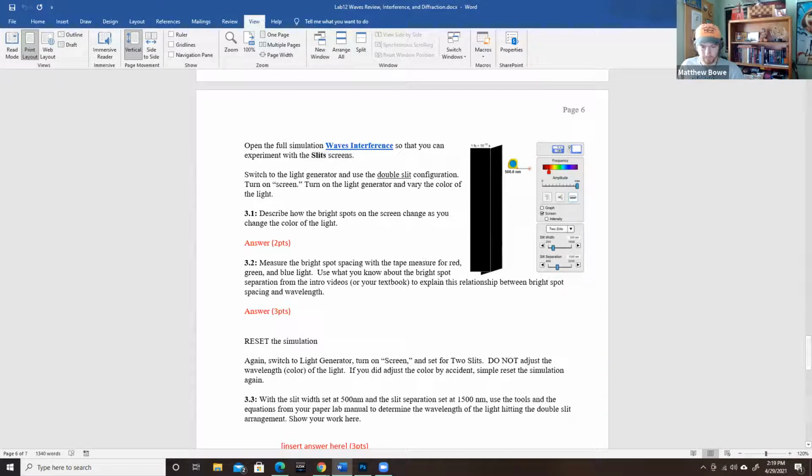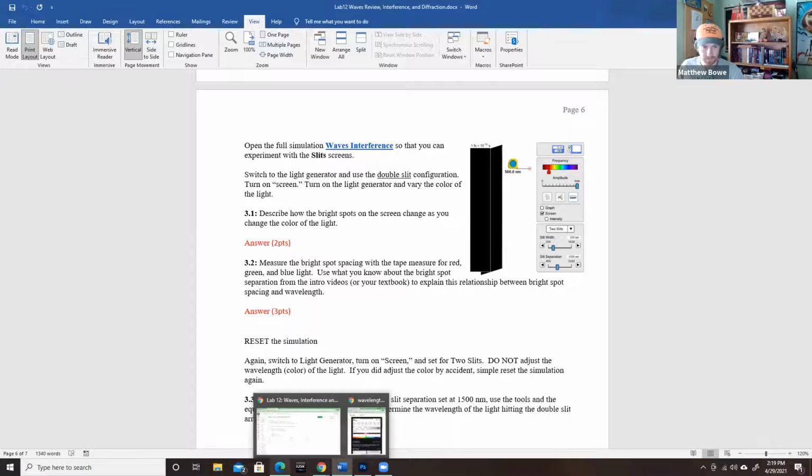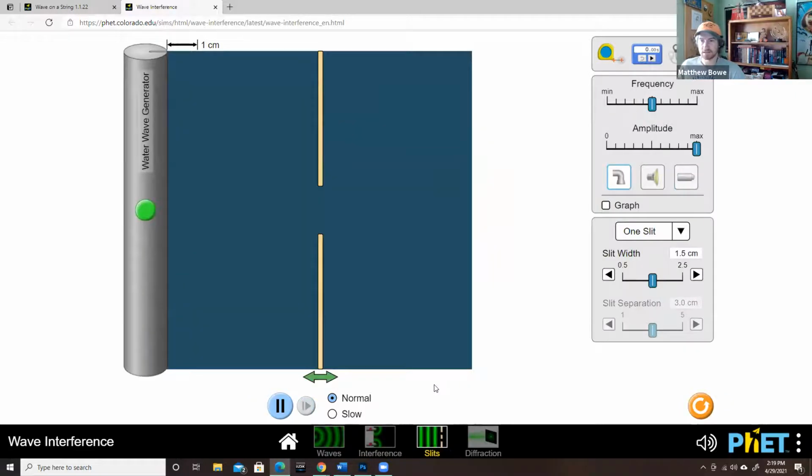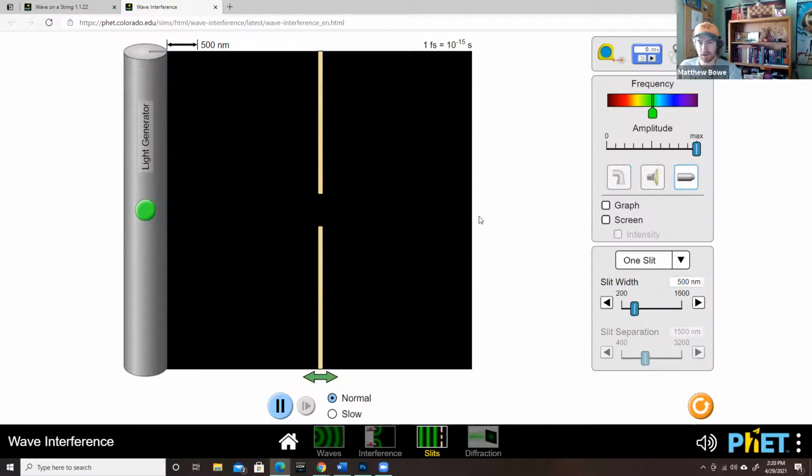So let's go there. Once we finish with this, down in the bottom, where it says slits, we're going to go straight into looking at light. So clicking on the laser, let's look at a light shining at this wall.